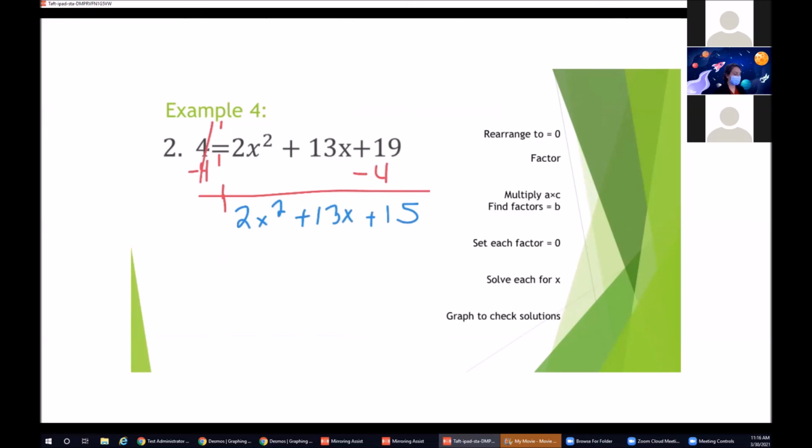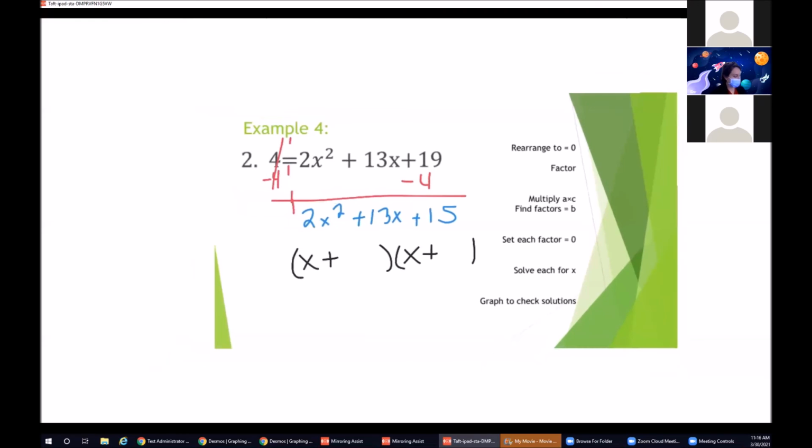So one last time, let's set up the two factors, x and x. And since both of your signs are plus, what are our two factors going to be? Addition. Plus, plus. Then take your A times your C, 2 times 15, 30.